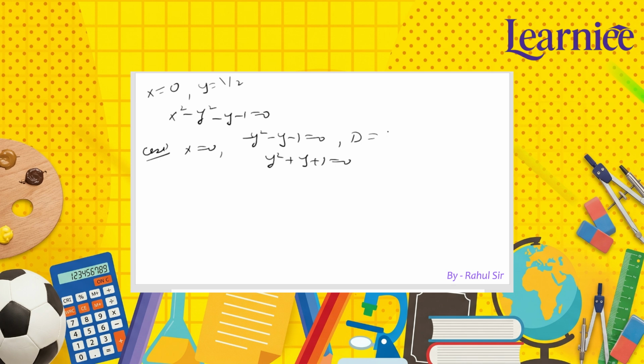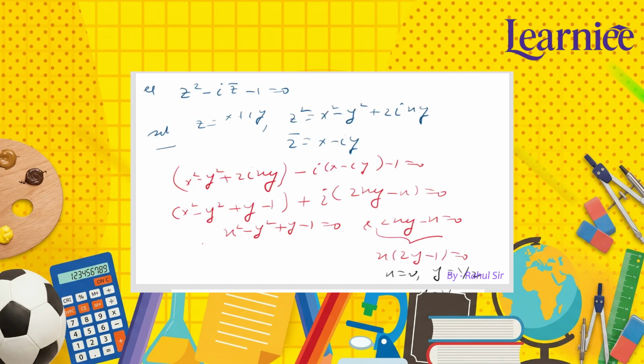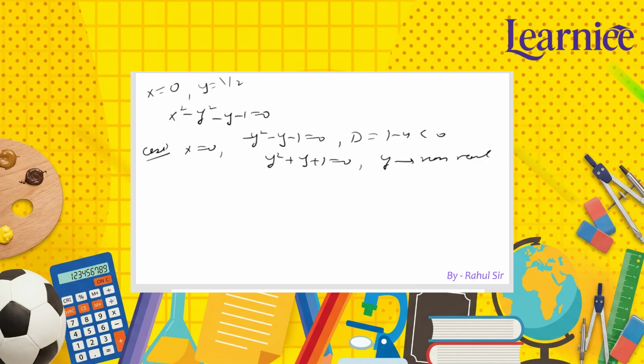So the discriminant is 1 minus 4, which is negative. Since the discriminant is negative, that means y is non-real. But if someone says z is equal to x plus iy, clearly x and y belong to real numbers. Got it? So clearly here y is non-real, so that means this is not possible. So we'll take case 2.